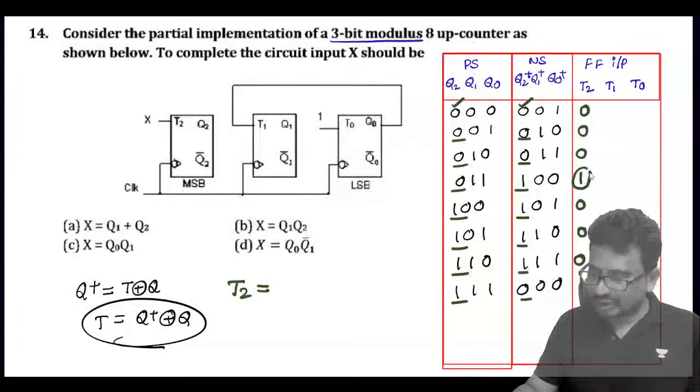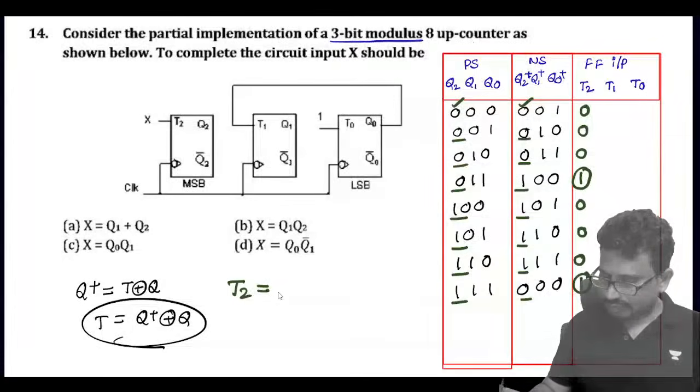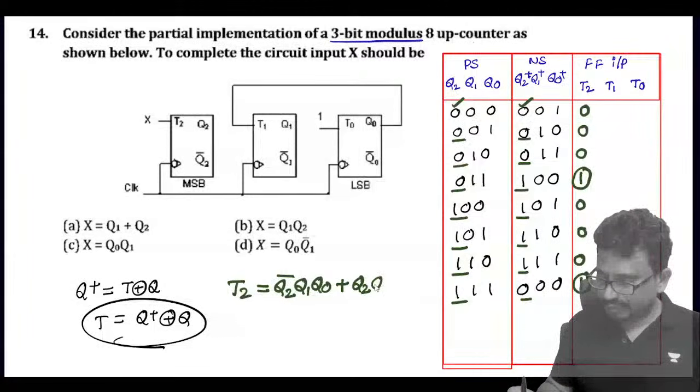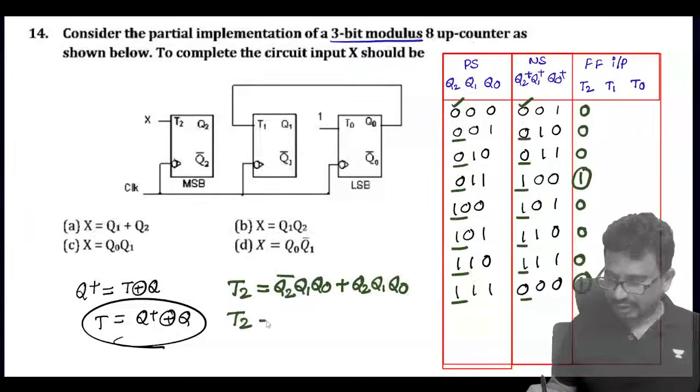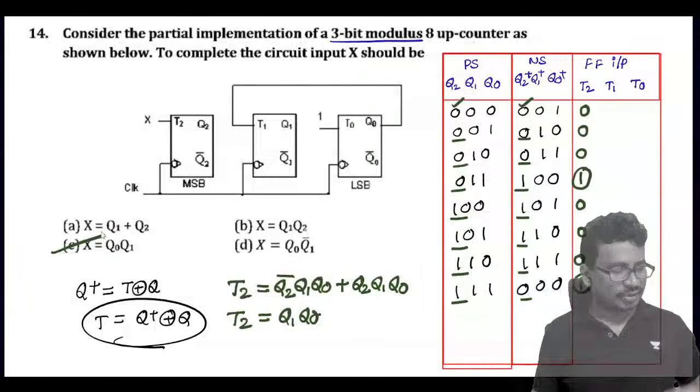You see this thing, these are the terms. So we can write it as, so this is Q2 bar, Q1, Q0 plus Q2, Q1, Q0. If I take Q1, Q0 common, this will be Q1, Q0. So option C. Check this one.